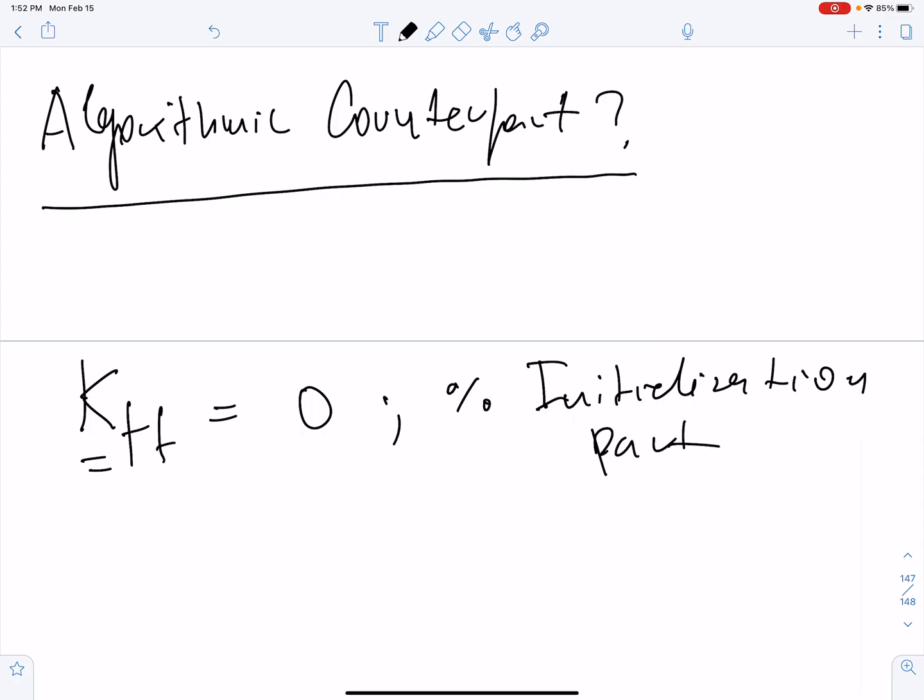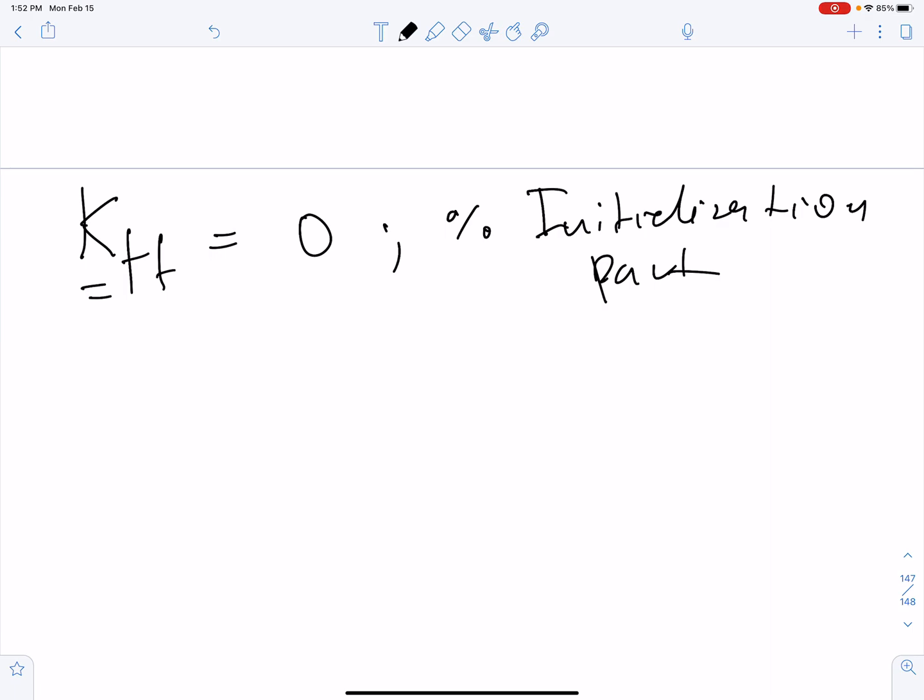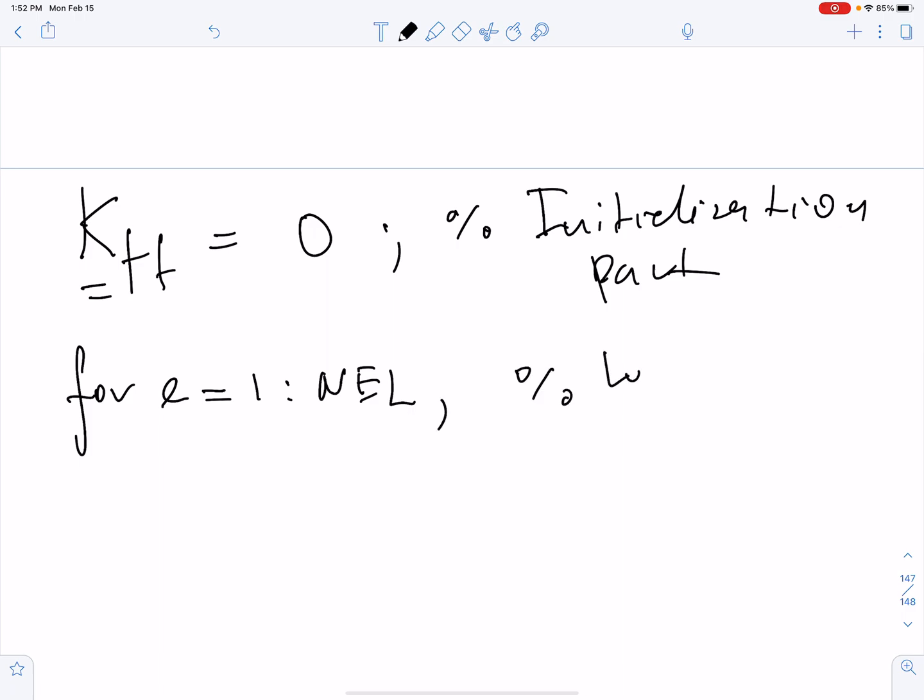Very important. Now that you've initialized things, you can foresee a for loop where you loop over all the elements for E equals 1 to NEL. So here you have loop over elements.